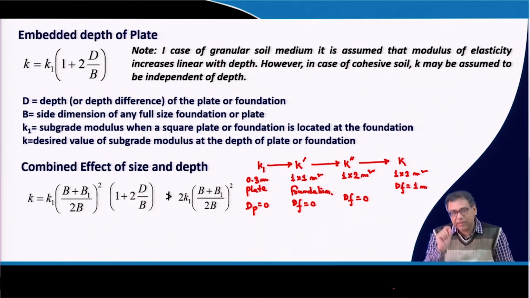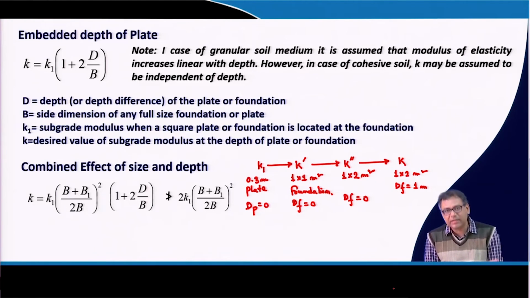But you have to first convert it to square footing, that means from the plate, or any other plate size. Suppose you have done a test on a 30 centimeter plate. Now, you want to convert all these things for a 75 centimeter square plate. Then do the same thing.